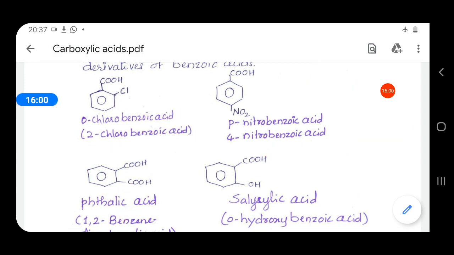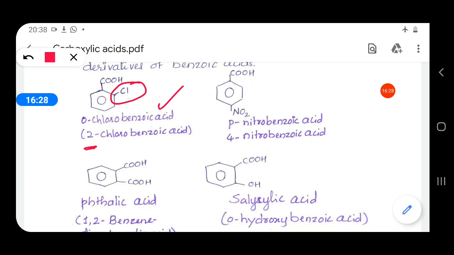So like that, here in this example, at the ortho position, a chloride group is present. So the common name is orthochlorobenzoic acid. In the IUPAC name also, they are taken as derivatives of benzoic acid. So instead of ortho, the number is taken: 2-chlorobenzoic acid.